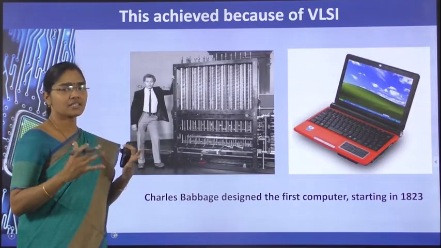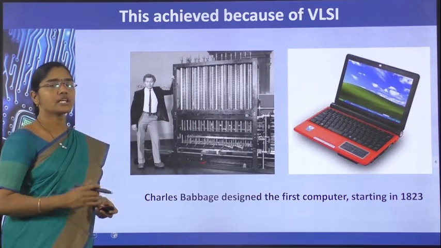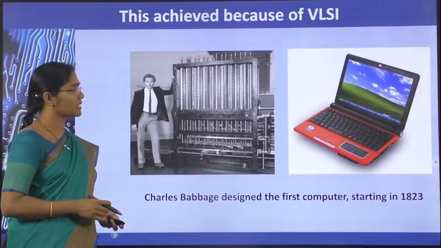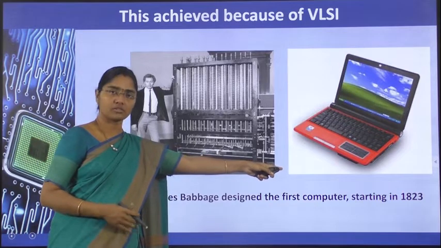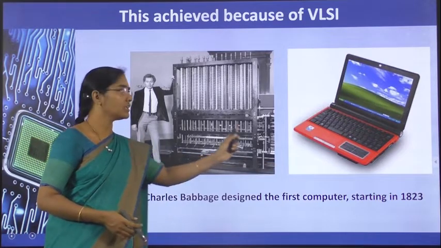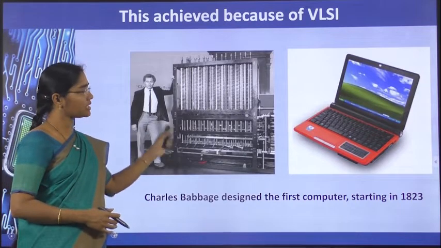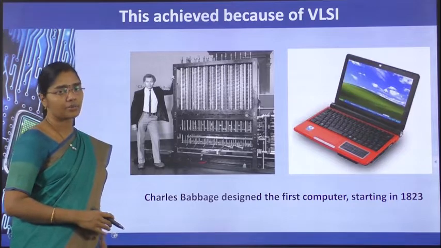So size is drastically reduced because of VLSI. When size is reduced, power is automatically reduced and speed is improved. So speed is also improved in our laptops and palmtops, when compared to the first computers which occupied more space. Because of VLSI, this happened.